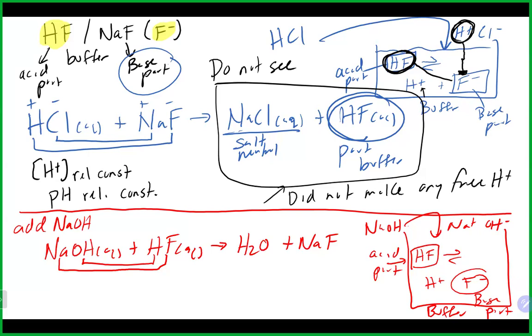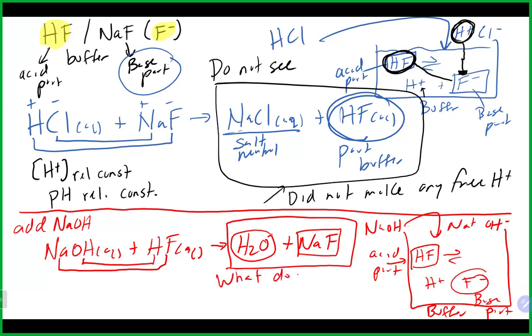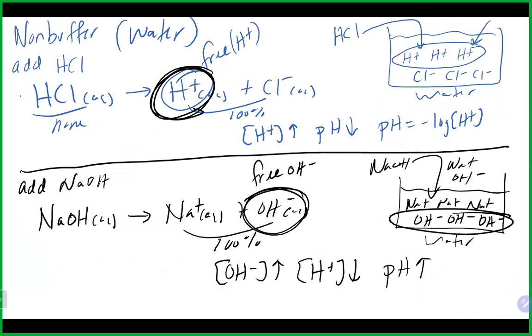So in this case, we made water, which is neutral, so that's not going to screw up the pH. We also made more of the buffer. In this case, we made some more of the sodium fluoride. It once again is what we do not see here that we did see when we added it to water. And if we go back and look at what happened when we added it to water, we produced a bunch of OH minus really, really quickly in that solution.